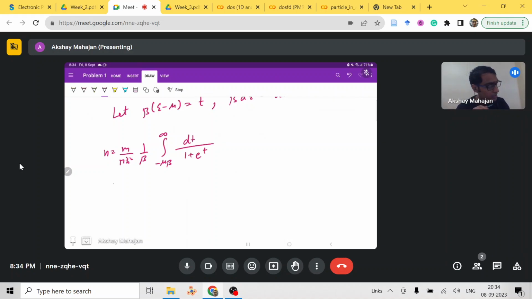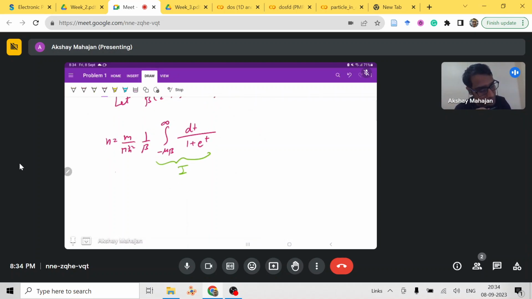Now we have to find this integral. Let's say this integral is I. So let me just calculate this integral I.